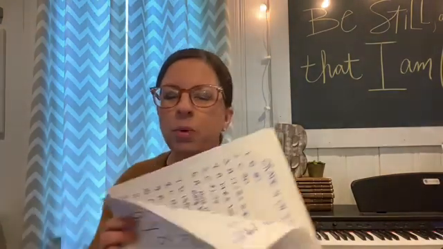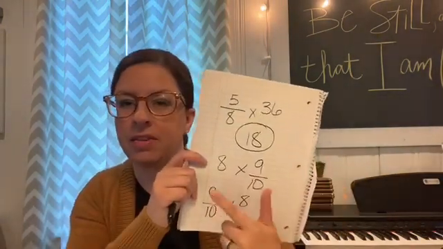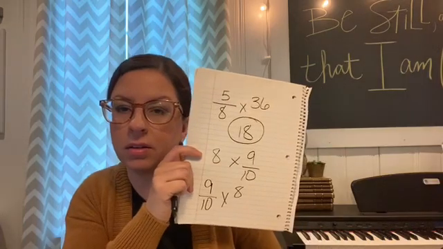Let's look at number 1 on check, which is 495. So 8 times 9/10. You can also switch that around and put 9/10 of 8. Okay, so what would be an estimate of 9/10 times 8?